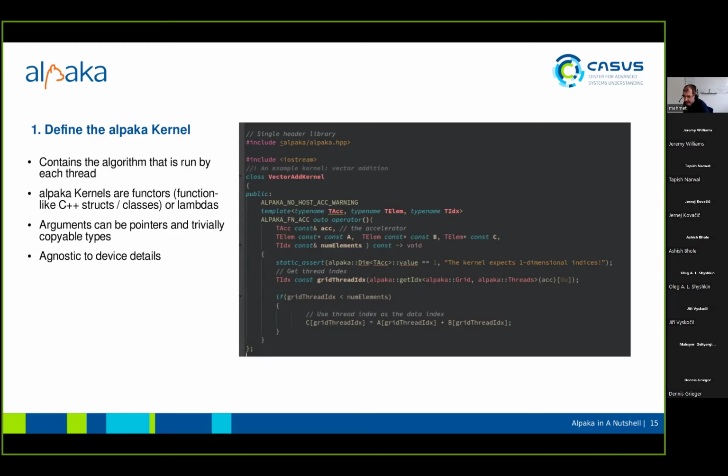The Alpaka ACC constant, written in capital letters, is required for kernels and functions called by the device. ACC is a mandatory first parameter for the kernel, and its type is the template parameter of the function. The Alpaka kernel is agnostic to the device details, which makes it really generic code.